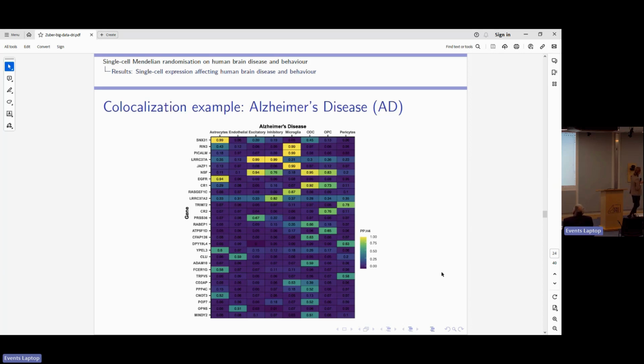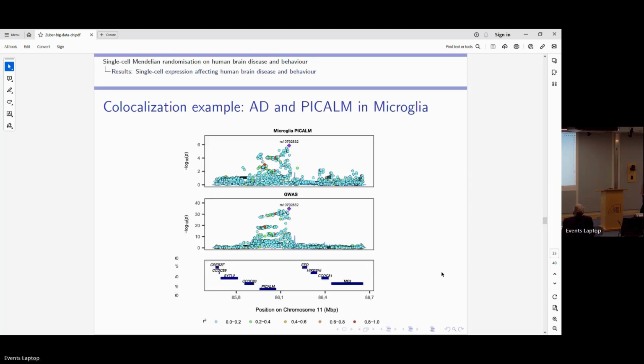You see on the y-axis the different genes that we find, and on the x-axis the 8 different cell types. What you can see already in this picture is that we have very strong cell type specificity, but there are some genes for which we have co-localization evidence in more than one cell type.